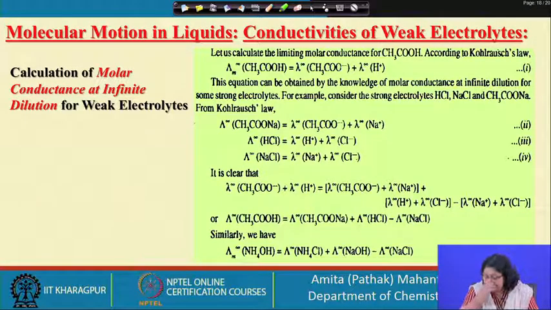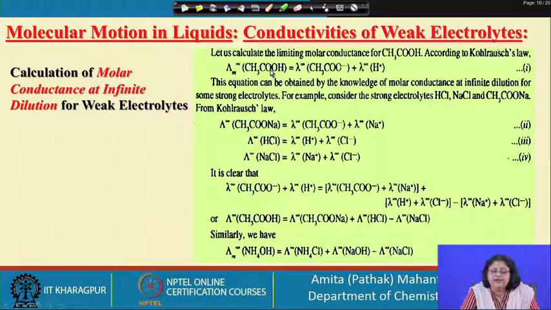This is a classic example of how to find out the molar conductance of an acetic acid system, and you can solve various types of equations for other weak electrolytes as you are doing here. According to Kohlrausch's law, I can divide them into completely dissociated ions, though we cannot do it by extrapolation from the graphical method.